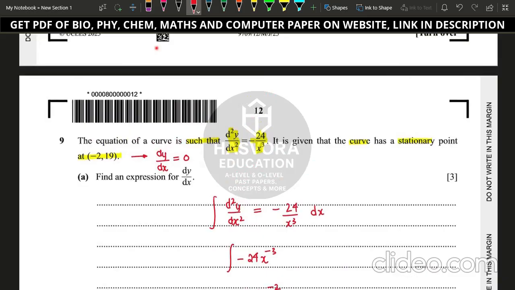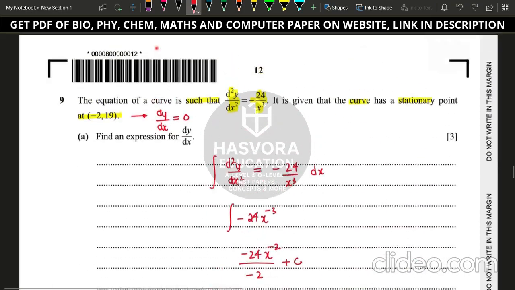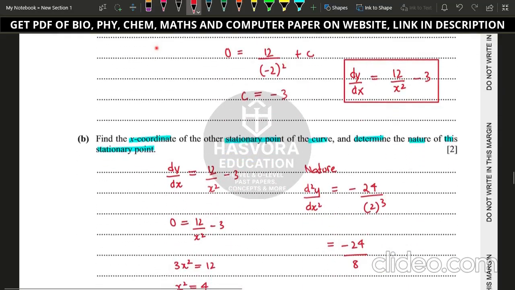It was minus 24 over x cubed. So x was 2, so it will be cubed. This becomes minus 24 divided by 8. Is it minus 24? Let's see. Okay, so it is cubed.